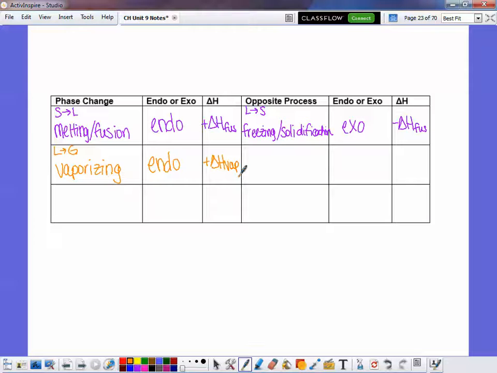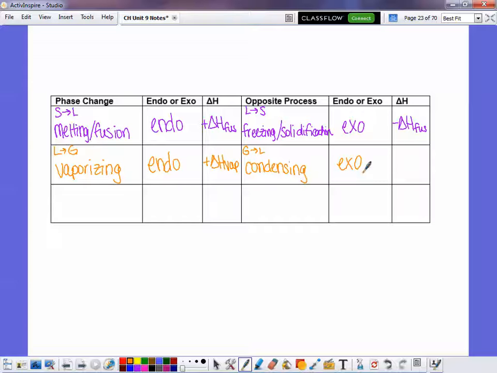The opposite process is gas to liquid. What is that phase change called? Condensation, or if we're using the ing form of it, it'd be condensing. Endothermic or exothermic? Exothermic. We have to take energy out.